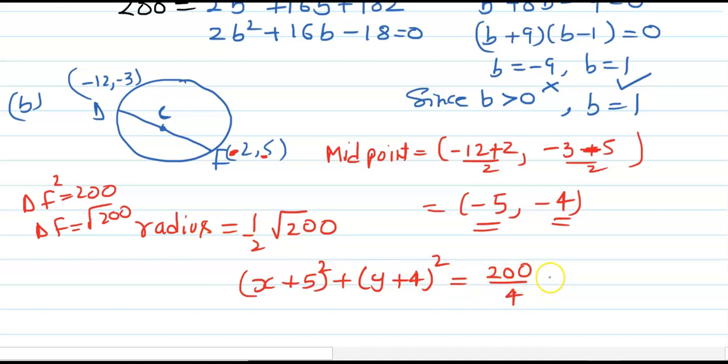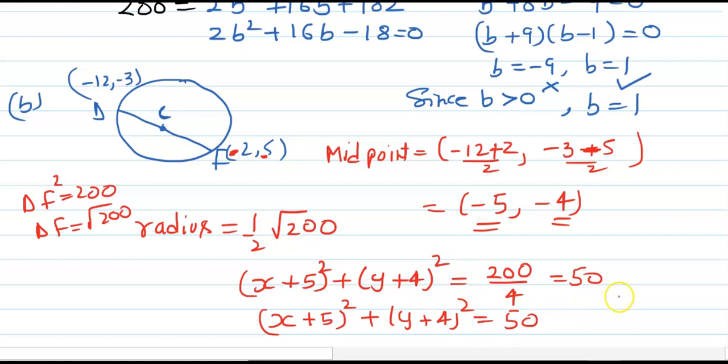If we divide it, we get 50. So our equation of circle is x plus 5 whole square plus y plus 4 whole square equal to 50. So that's the end of the b part.